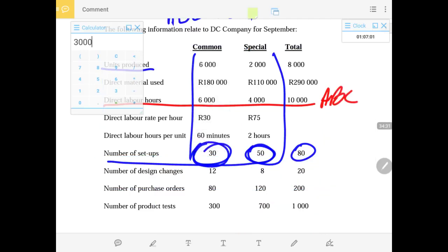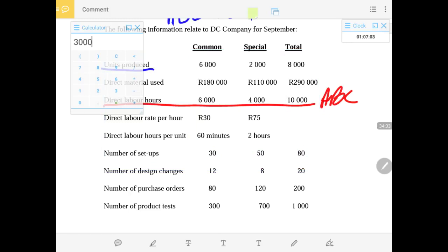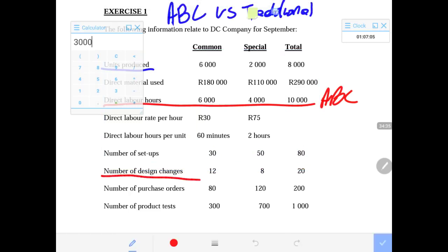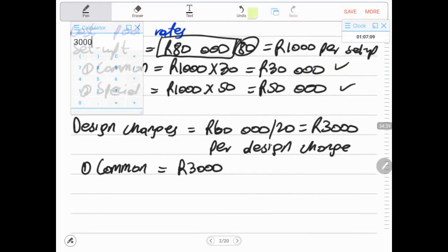Just to clear again, the number of design changes for product common is 12. Therefore now we multiply by 12. Remember, the 12 is inside that 20, don't forget. So now we times this by 12 and it gives us 36,000 rands.